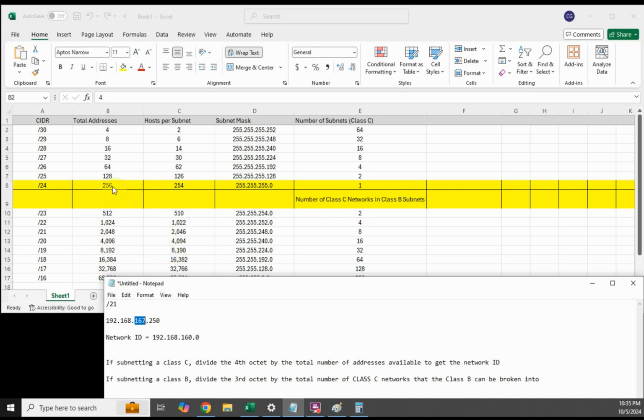As you can tell here, it's powers of 2 again, it just doubles. I've always figured it like sticks of RAM or gigabytes, however you want to look at it. /23 is 512 total addresses available, 510 usable, then 1024, 2048. You guys know these numbers.